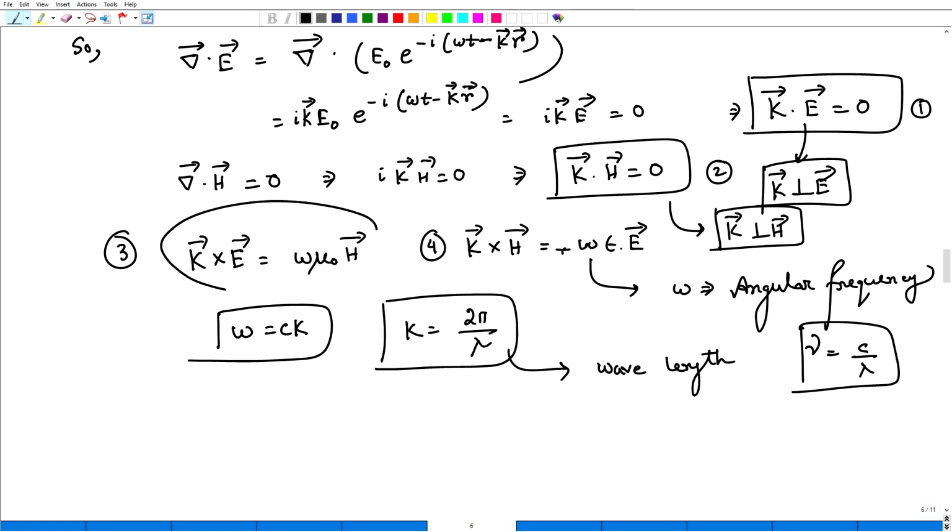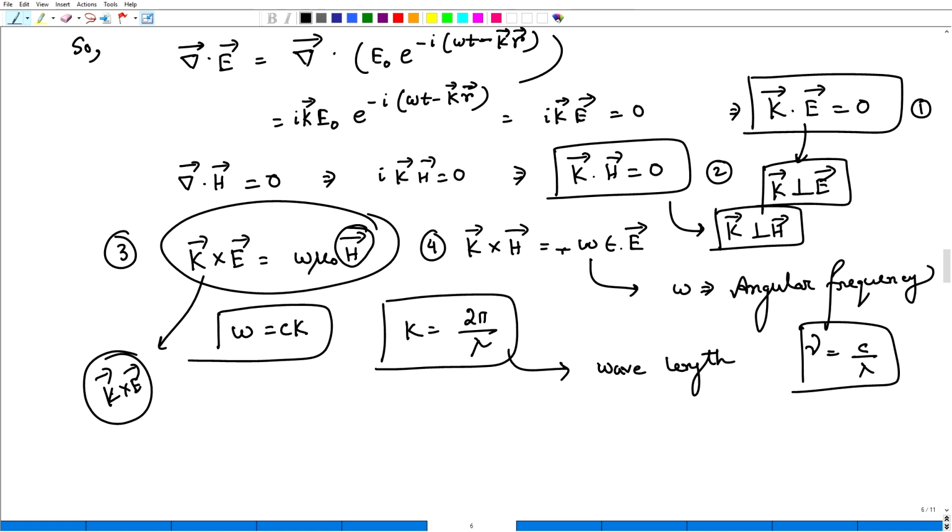But from this equation or this equation, both are the same, we can say this is k cross E. So from here we can write that, in case this is k cross E, it creates a plane. We can think like that, that will be easier. So k vector cross E vector, and here is the H vector. So k cross E is non-zero, it is equal to mu omega.